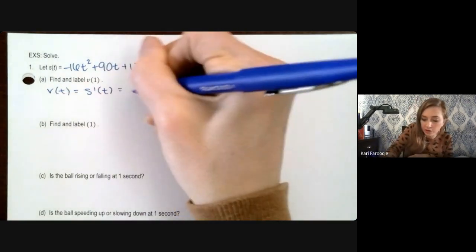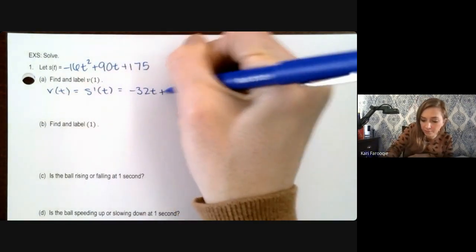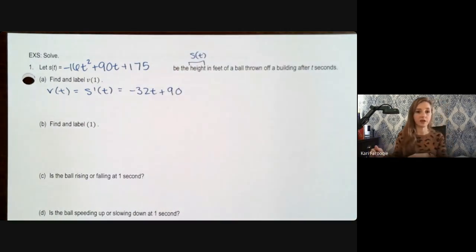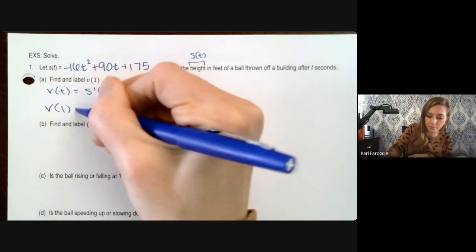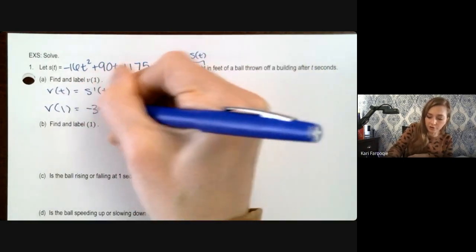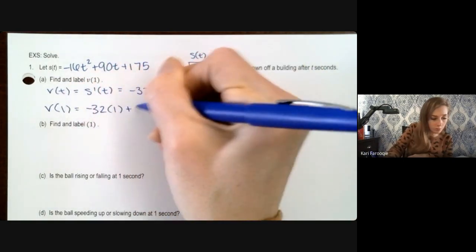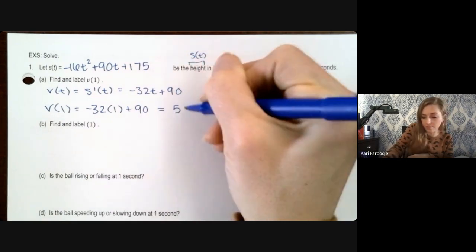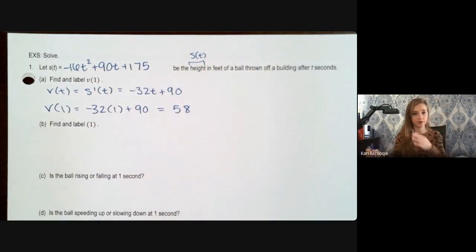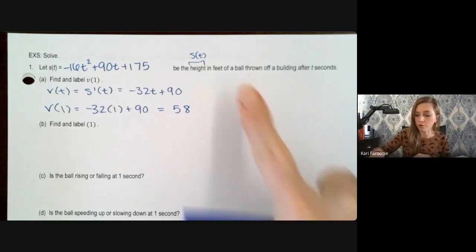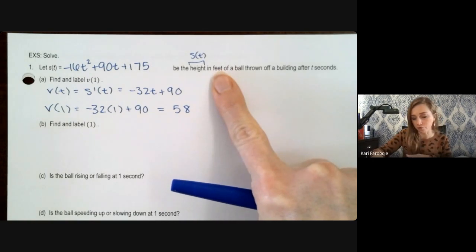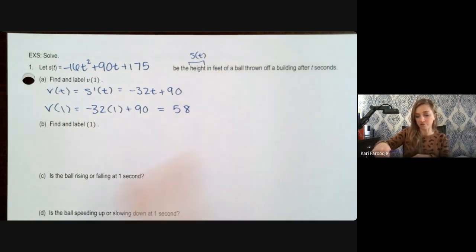So this is going to be negative 32t plus 90. And then for v of 1, this is going to be negative 32 times 1 plus 90, and you get 58. Now, it says find and label. So if we're labeling this, if we're talking about velocity, well, you were already told that you're using feet here to discuss the distance.